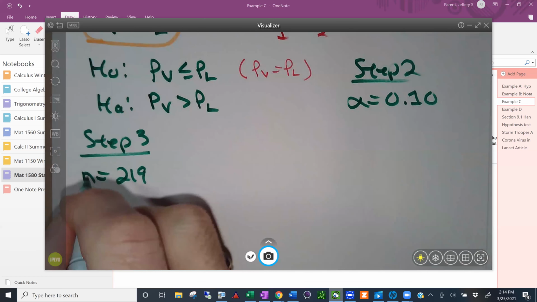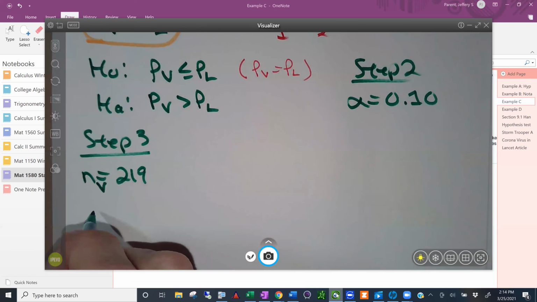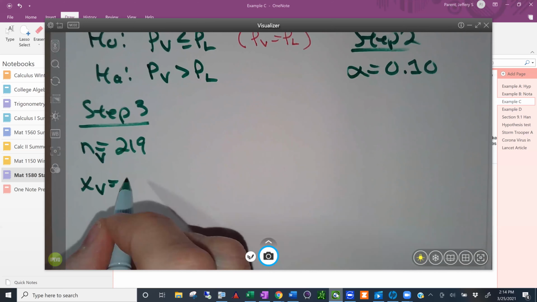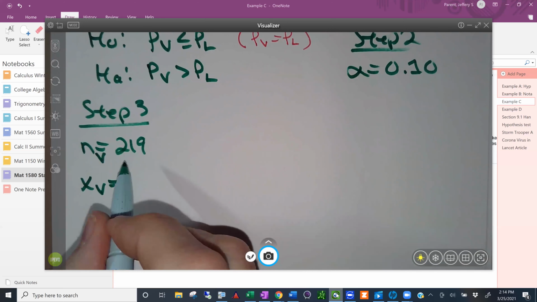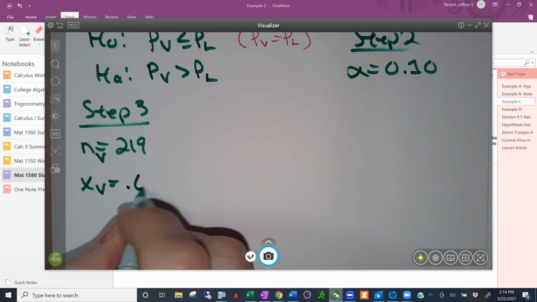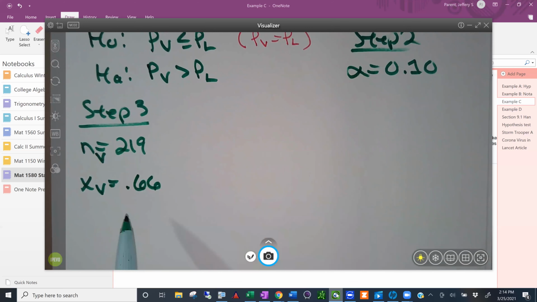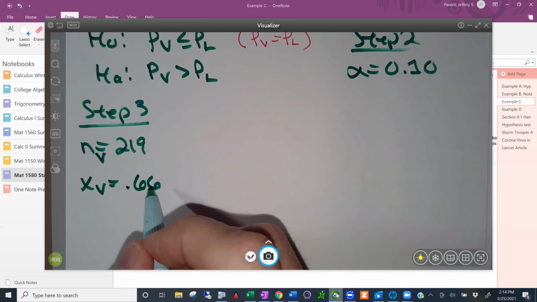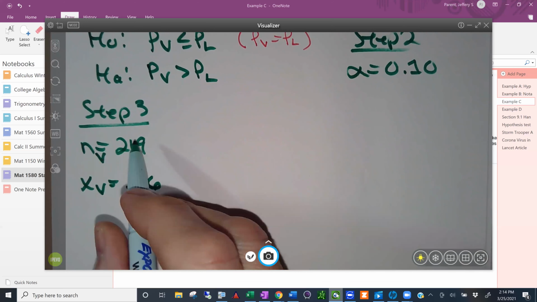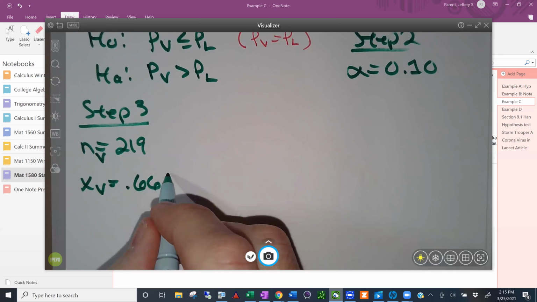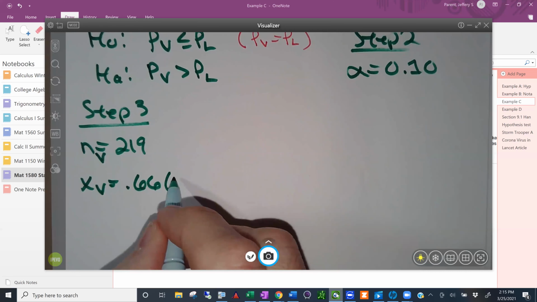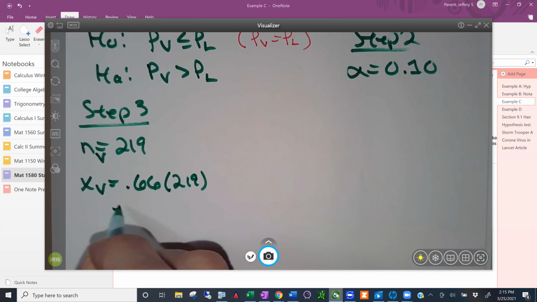So n sub V was 219, and 66% of those leaked. But I need an actual number here. I don't need 0.66, I need the number of gloves that leaked. So how would I find that if I know that 66% of those leaked? 0.66 times 219. Good, 0.66 times 219.